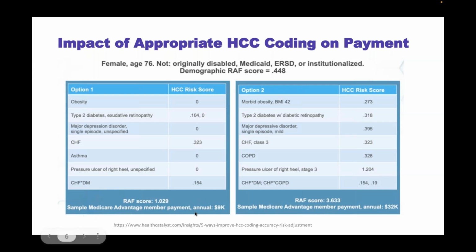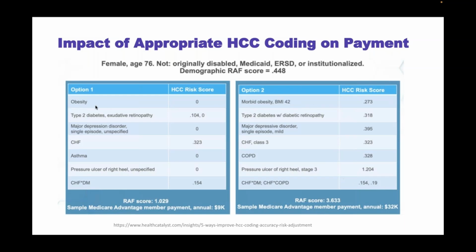So the annual payment gets higher, right? $90 it has been, but if we extract information in a much more accurate way and map them to the HCC codes using these detailed information, we can calculate the risk adjustment score much more accurately, right?